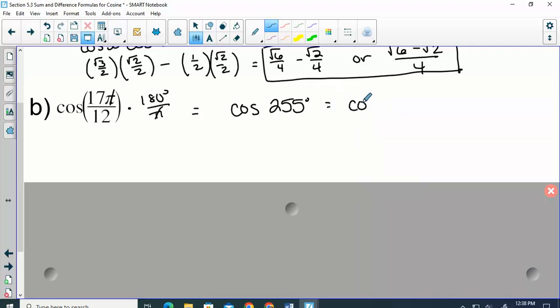It might help you to have a unit circle out to look at, because am I going to get 255 just by 30, 45, 60, and 90? No, so I need to think about the entire circle, so you might pull one out if you need to. We're thinking any two angles on the unit circle that would either add or subtract to 255. 225 plus 30.